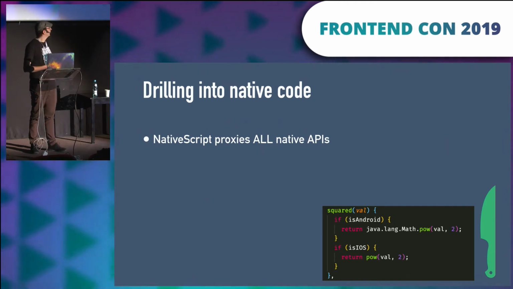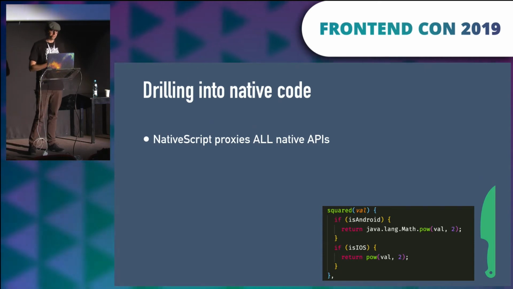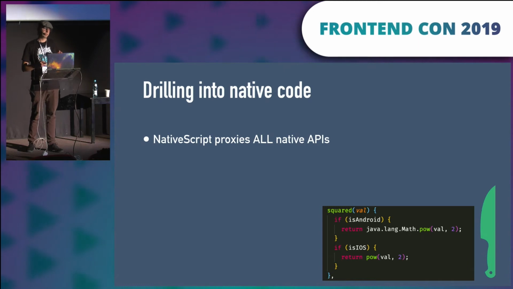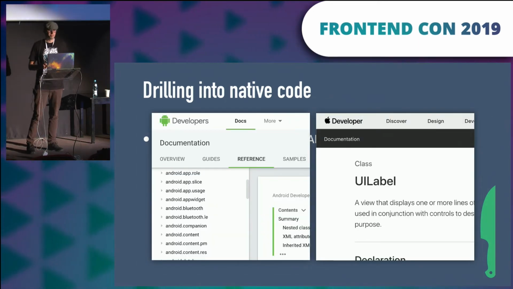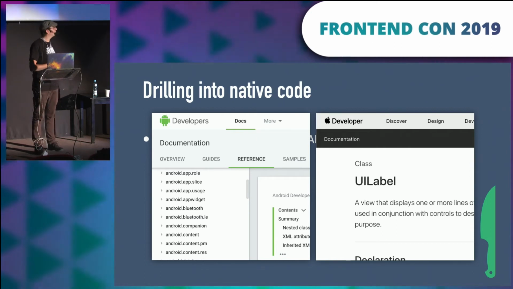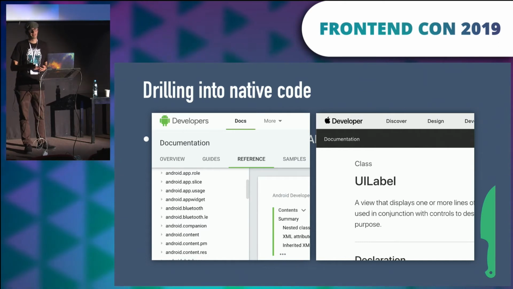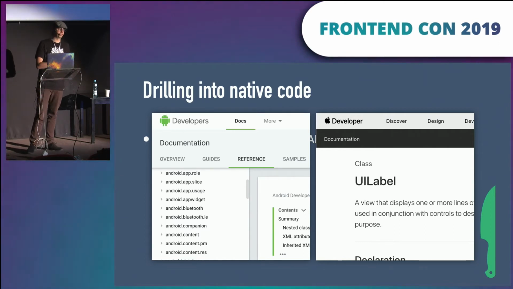But this is a kind of a stupid example, because I can square a value with JavaScript. But this shows that I can really dive into the native code. So if I want to tweak something natively, I can just research the documentation for Android and iOS, and use the APIs that I find there directly in my JavaScript.